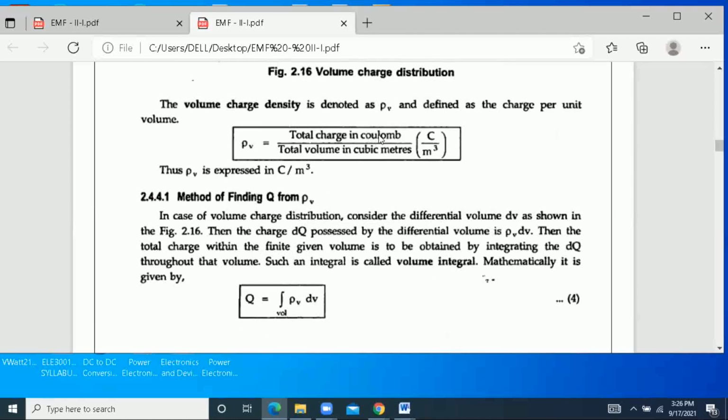Total charge, in coulombs, over your total volume in meters cubed. So for the total charge in a volume, it would be the integral over the volume, rho V dV.